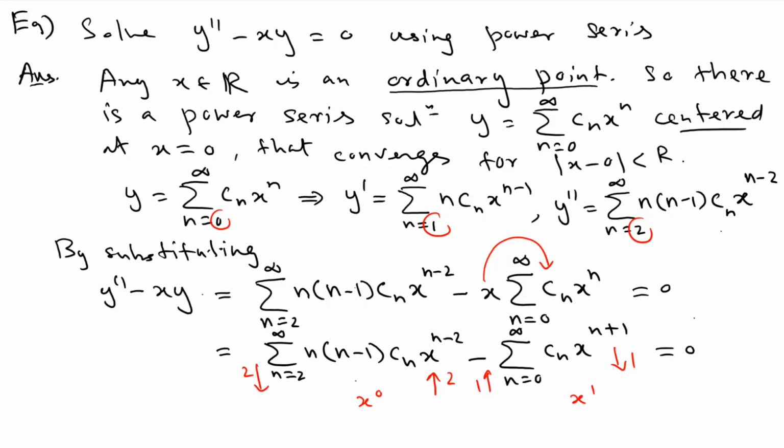So we write the first uncommon term, that is 2c2, and then we can see that the first series is going to start with n equals 3 now. So it's sigma n from 3 to infinity of n minus 1 c_n x^(n-2).